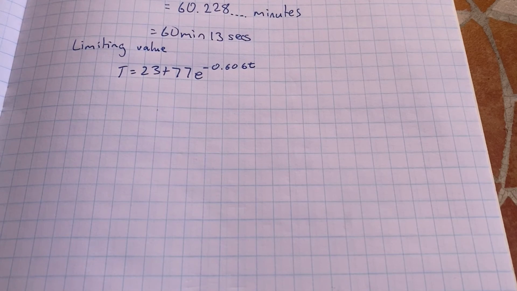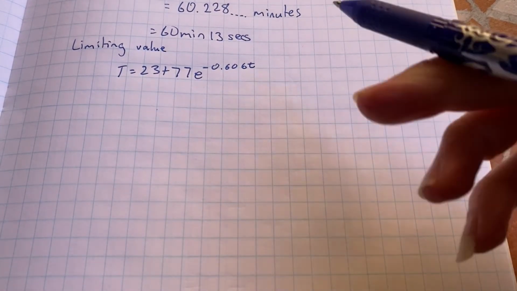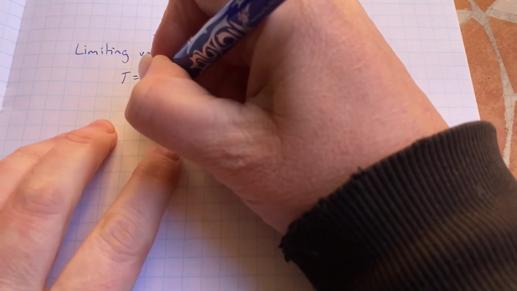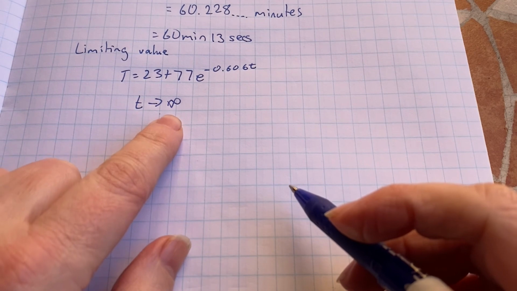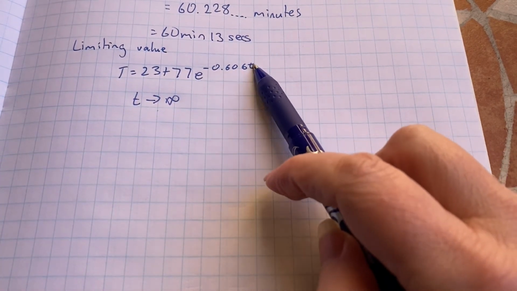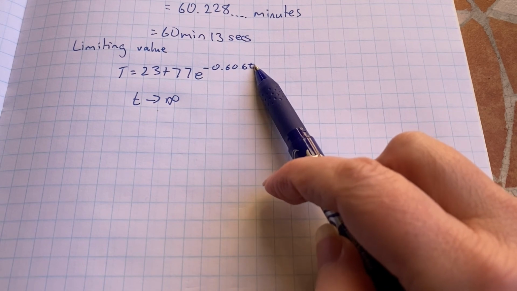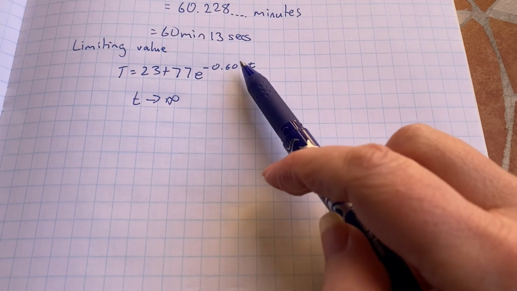Now, I did also want to just mention about limiting values of this equation. So what we might be asked is what happens as t goes to infinity, as t gets bigger and bigger and bigger. And you can put in some really big numbers for t here to actually see what happens. But also you can think about it graphically.